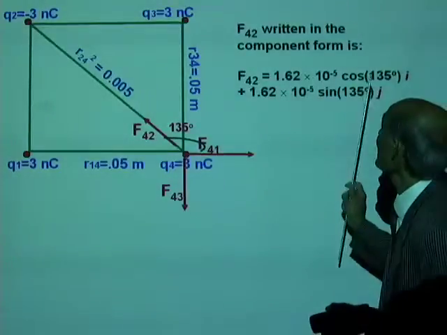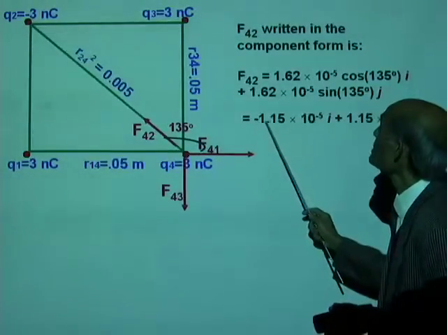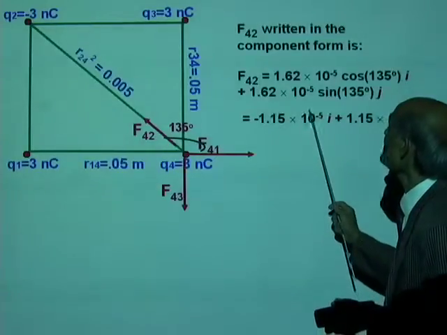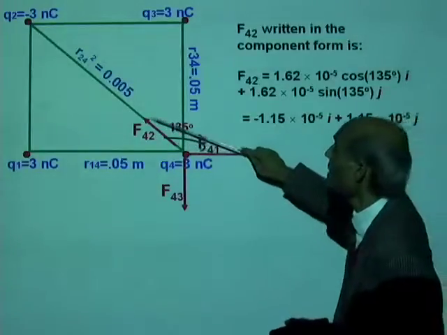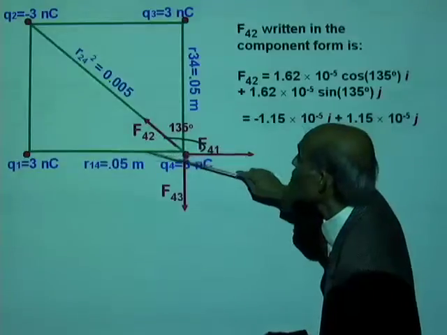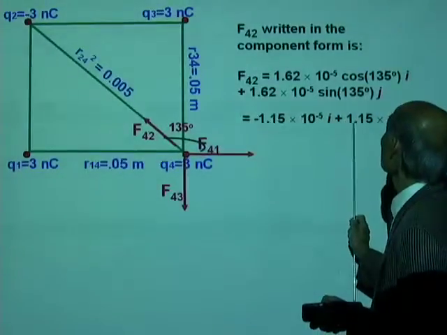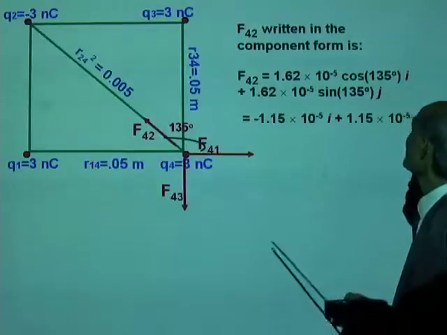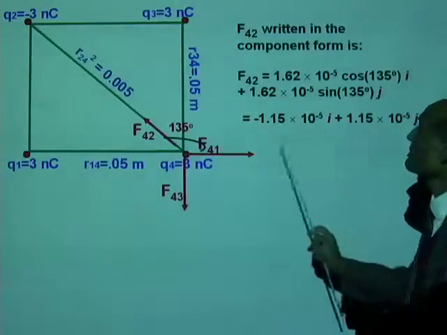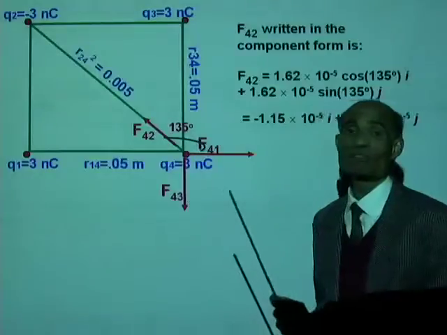Alright, let's work it out. That will be negative 1.15 times 10 to the negative 5 i. So the x component is a negative force and the y component is plus 1.15 times 10 to the negative 5 j. That is a positive component.